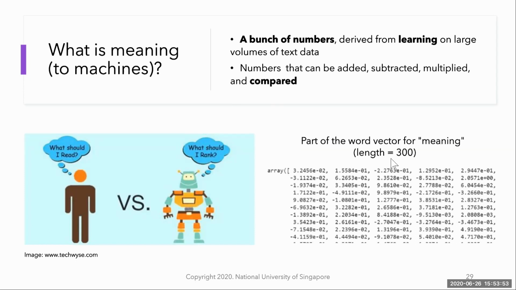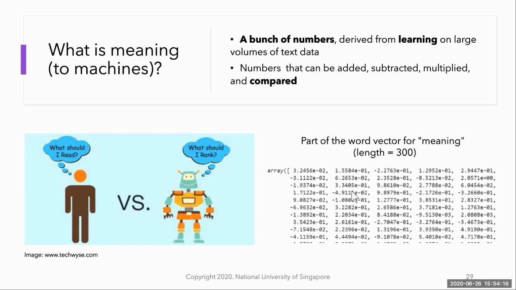The word vector for the word meaning from spaCy is actually 300 entries long. I've only shown about the first 30 entries. It looks like a bunch of gibberish to a human, like 0.3, 0.03, 0.1 to the power of something.